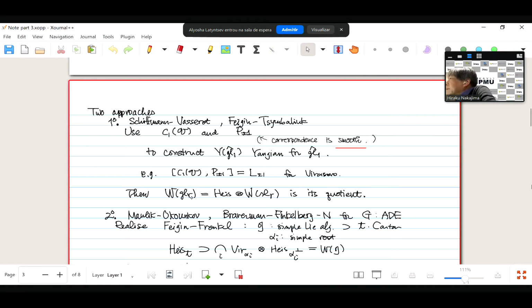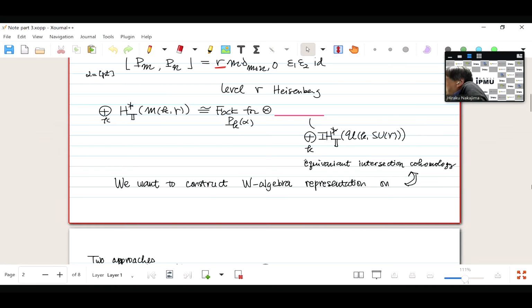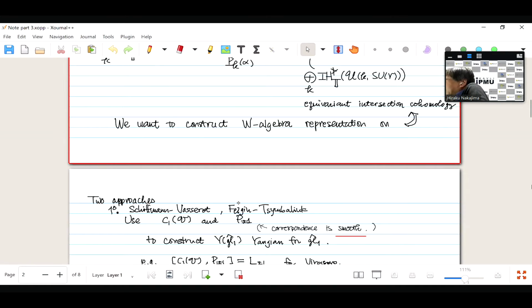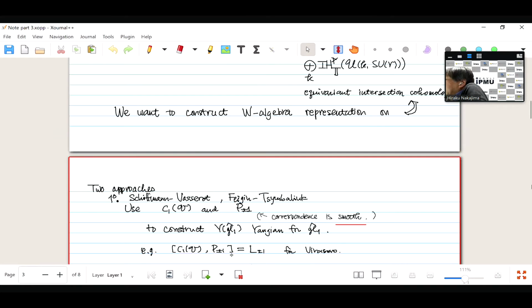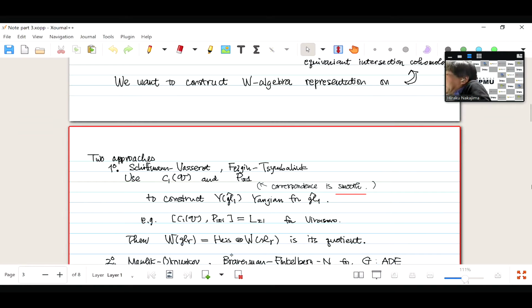And maybe I should emphasize that this Yangian for gl_1 hat is independent of R. A priori this M_{K,R} depends on R, of course, and this double algebra is the double algebra of GL_R or SL_R, so it really depends on R. But the Yangian for gl_1 hat is independent of R. So it is a kind of limit of the double algebra when R goes to infinity.